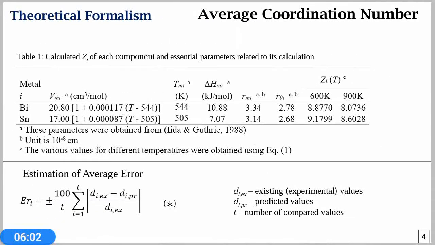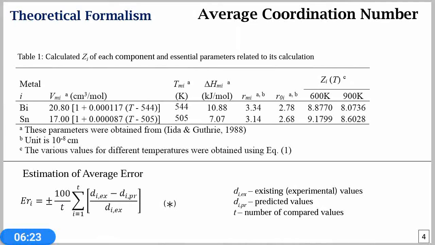Table 1 shows the coordination number of pure bismuth and pure tin estimated at 600 and 900 Kelvin by applying equation 1, the model of Tao 2005. The relevant parameters used in the estimation are also included.